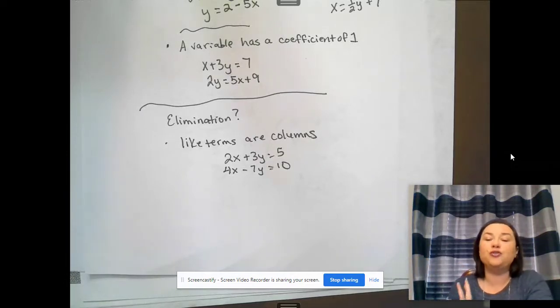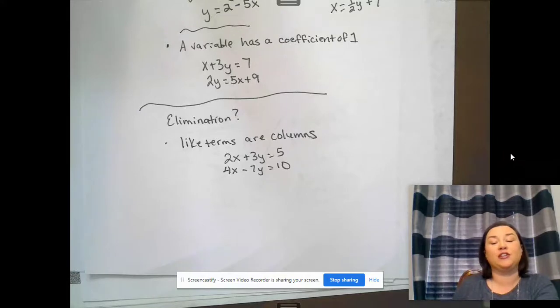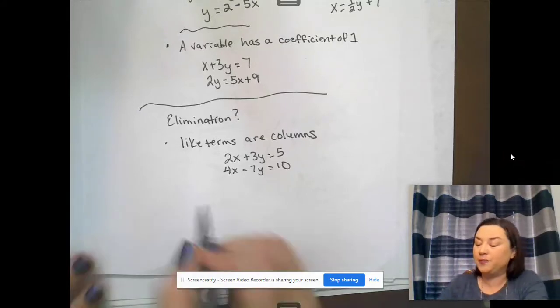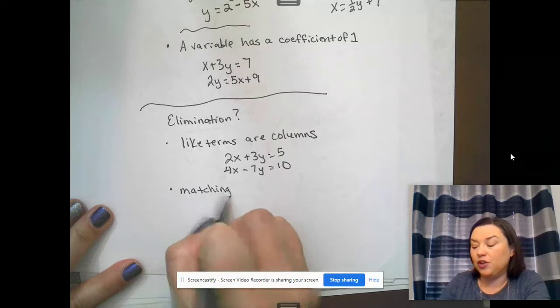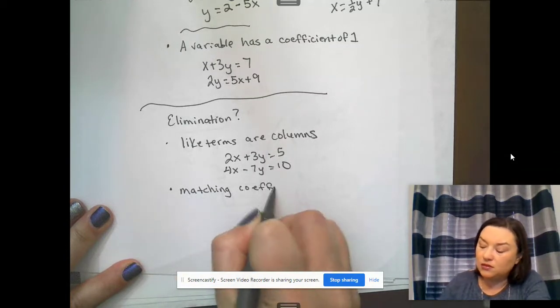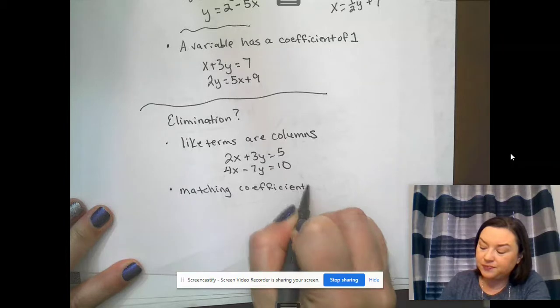We normally use elimination when they're both in standard form or close to standard form. Another time is when you have matching coefficients for like terms.